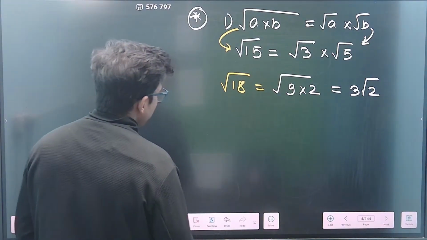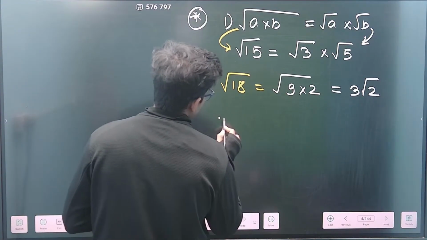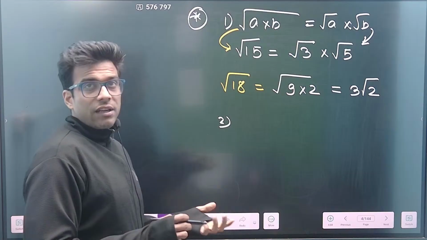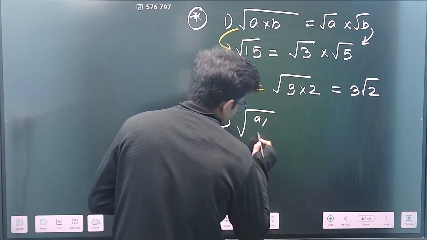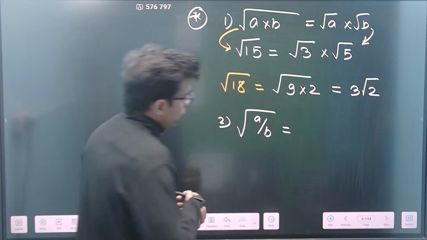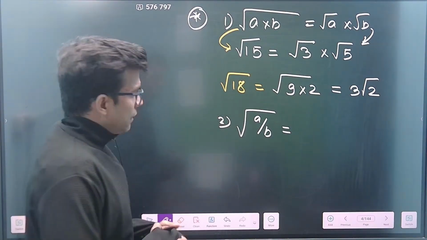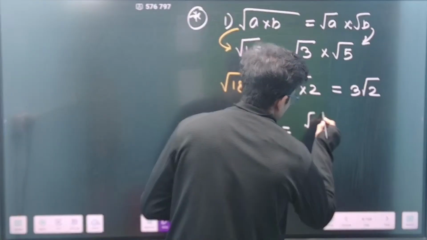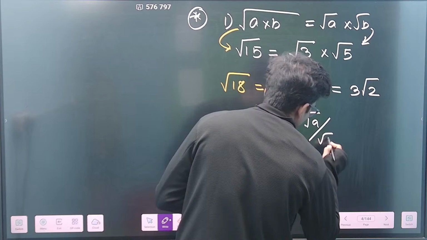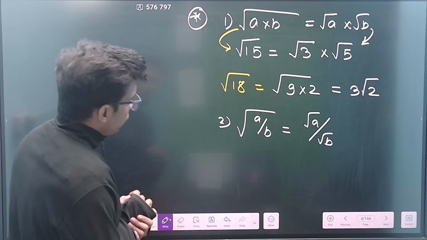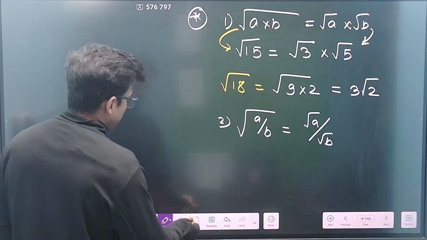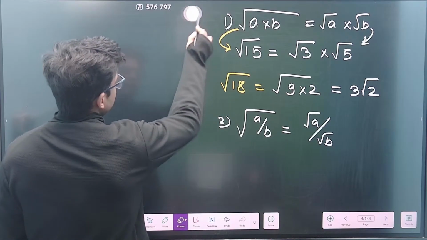Now there is a second formula, which is again very important: under root of a by b. Under root of a by b goes the same as root a divided by root b.